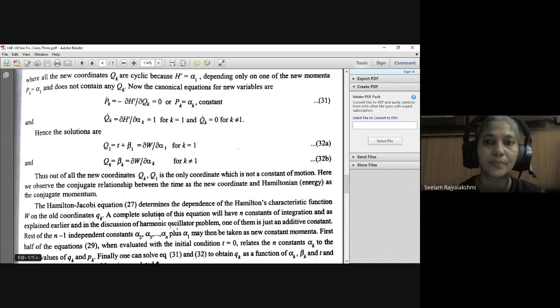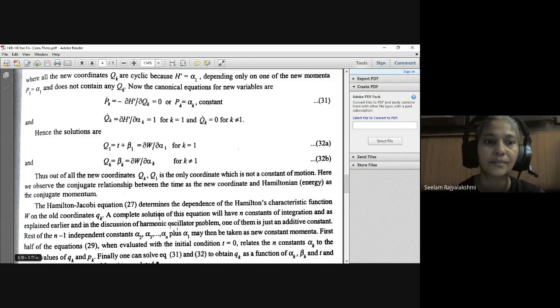The Hamilton-Jacobi equation 27 determines the dependence of Hamilton's characteristic function W on the old coordinates qk. A complete solution of this equation will have n constants of integration, and as explained earlier in the discussion of the harmonic oscillator problem, one of them is just an additive constant. So the rest of the n minus 1 independent constants, α2, α3, and so on up to αn, plus α1, may then be taken as new constant momenta.